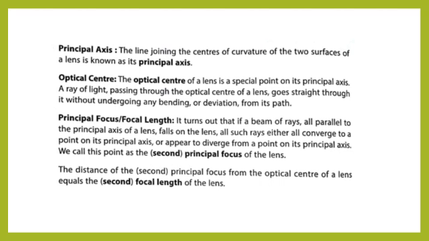We call this point the second principal focus of the lens. The distance of the principal focus from the optical center of a lens equals the second focal length of the lens. So these are the different terms related to lenses, and you have to learn the definitions of these terms.